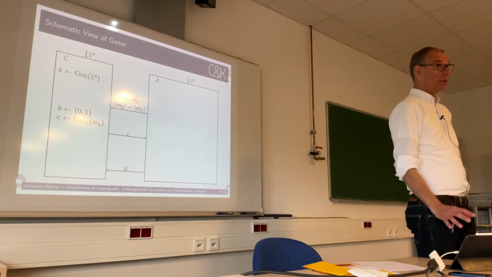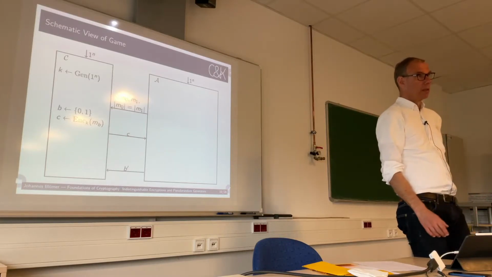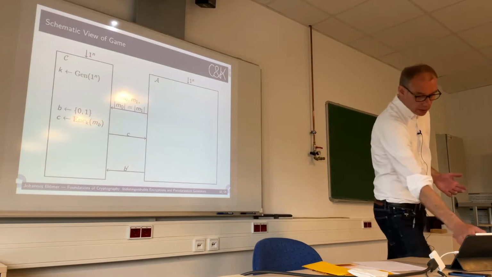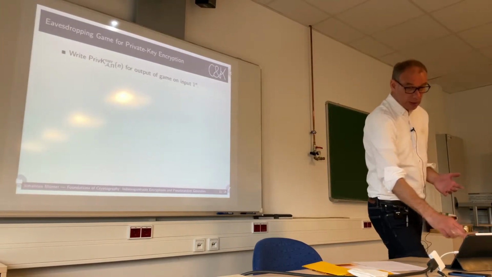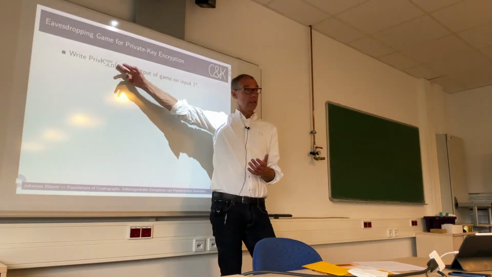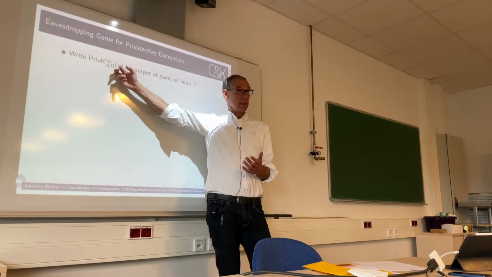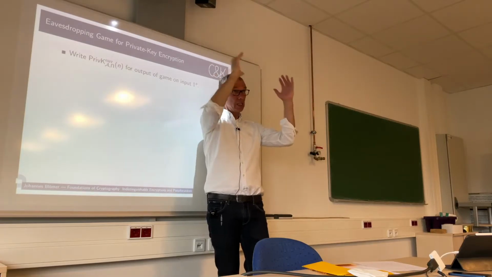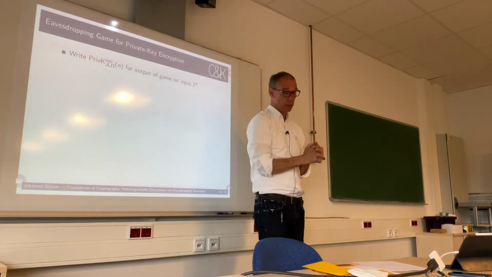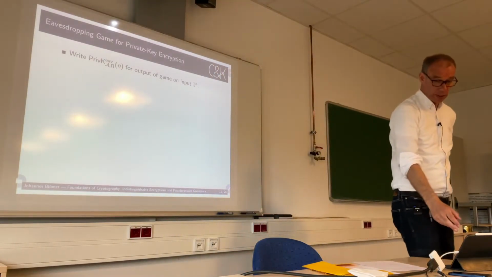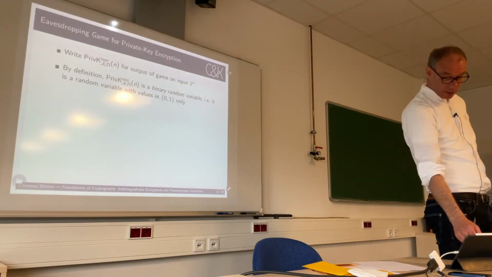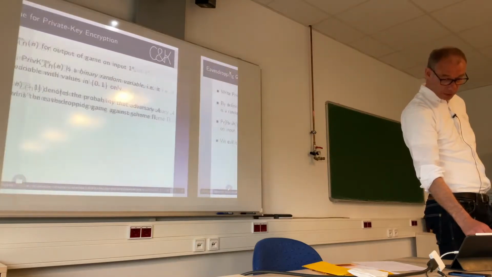All the randomness that we have there, because all this randomness is relevant. This here is a random variable, and this random variable is determined by all this randomness in this game. So that's why we have to consider that. It's a binary random variable over all this randomness.